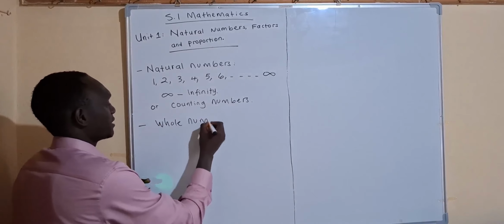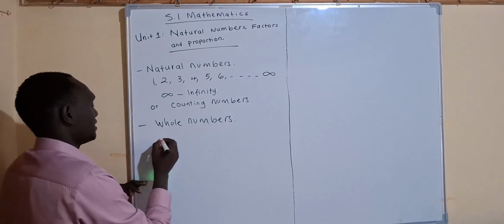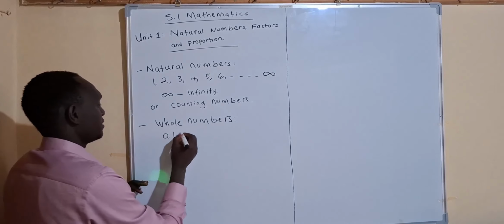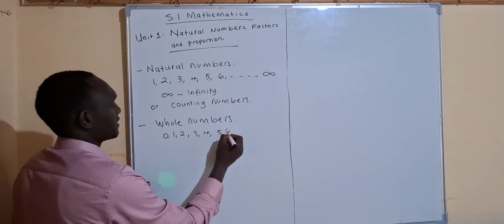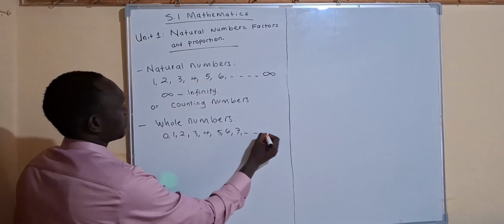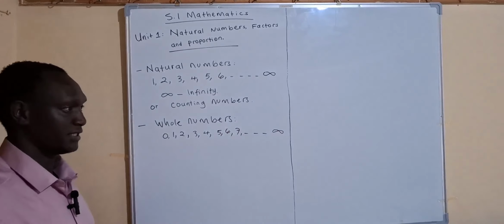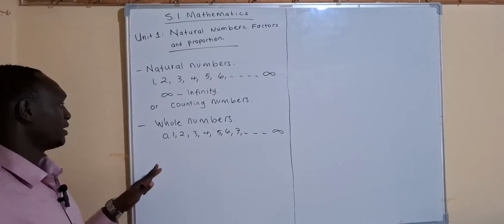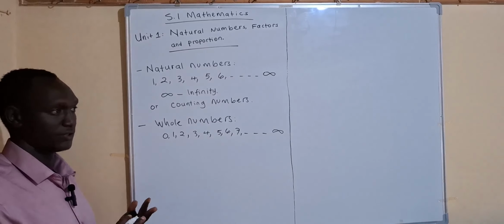The new set of numbers formed is a set of whole numbers. That is 0, 1, 2, 3, 4, 5, 6, even 7. It continues also up to positive infinity. Now, whole numbers are not decimal and they are not fractional.